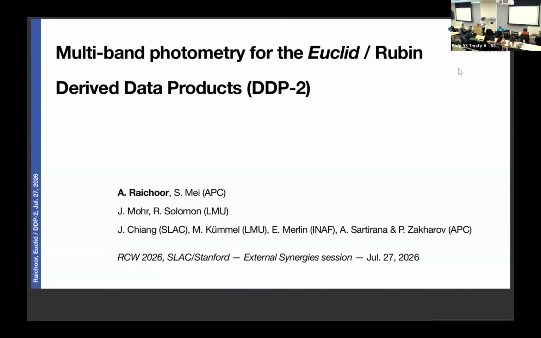On the Euclid side, how you do the photometry on the Rubin imaging. This is called the derived data product framework that Charlotte mentioned. This work is led by two groups: one led by Simone Anet, who's here in France, and another one led by John Moore in Germany.